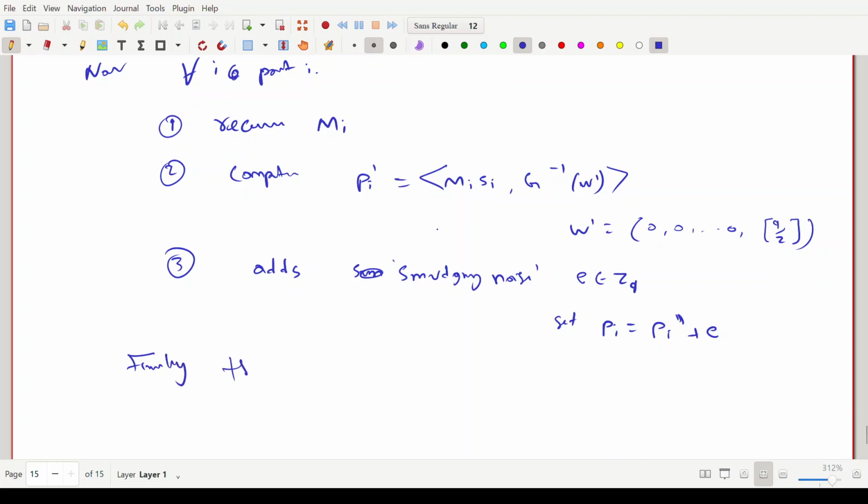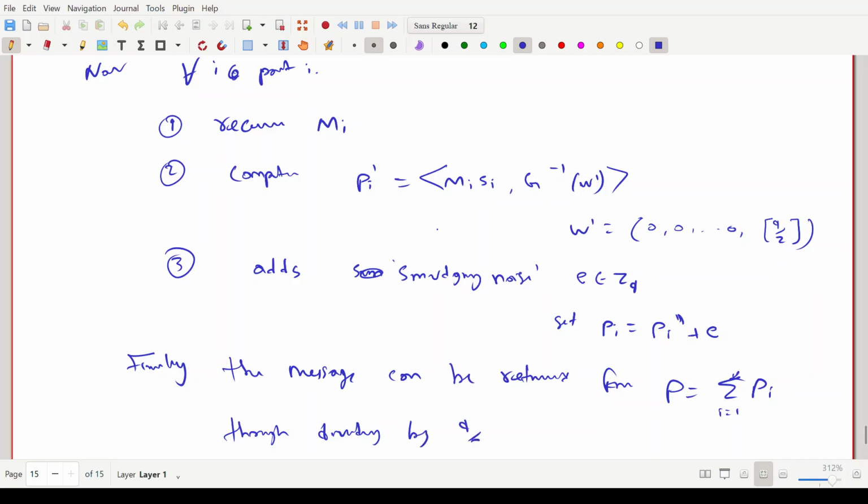Finally the message can be retrieved from P, which is the sum of all these Pi, I equal to 1 to K, through dividing by q by 2 and rounding correctly.